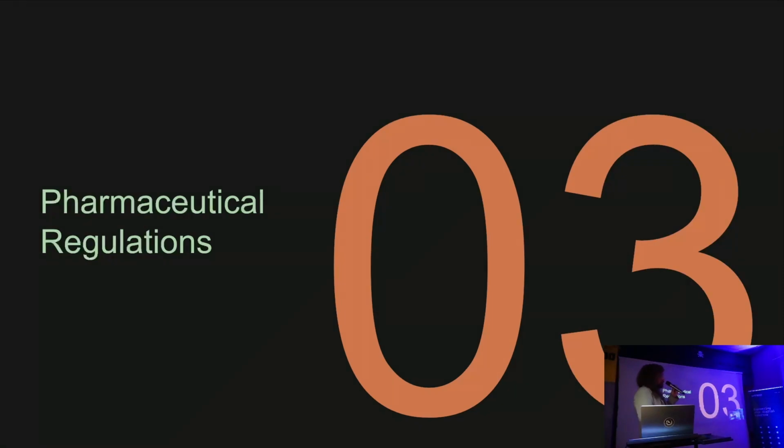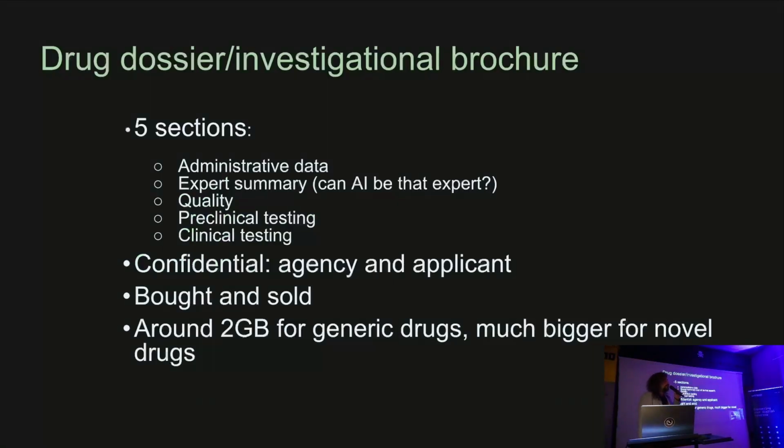This is not my expertise, but I had some help from friends, so hopefully I'll be able to rely on this. I'm sure you know by intuition that pharmaceutical regulations are horrifying and long, and a lot of money goes there. As I was told, there is something called an investigator's brochure or drug dossier, which is commonly given to a regulatory agency.